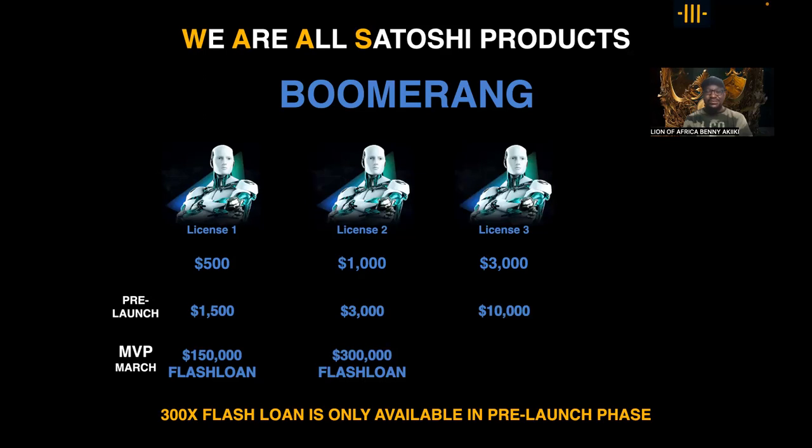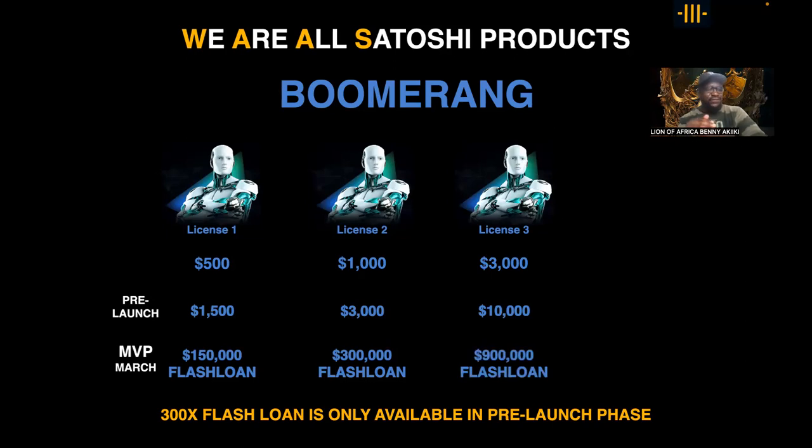License 3 is 3,000. You are given some play flash loan of 10,000. You can actually make more than $100 from that, because we are saying, can you max the opportunities on the returns? Please, that is what we are telling you.